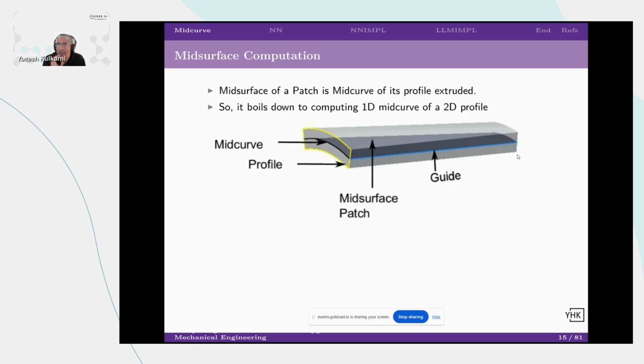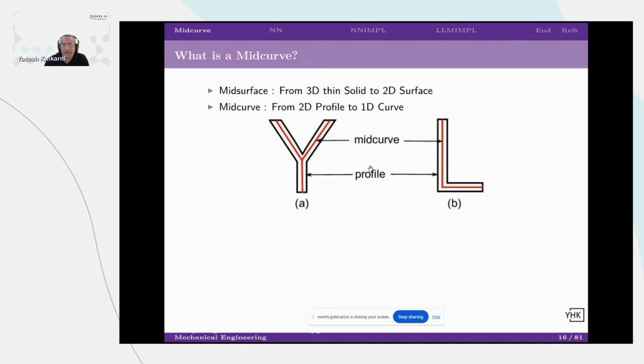Are you getting it? That's what the idea is. Now we are changing the problem, or diluting it a bit more. Now the problem remains: given the yellow profile, which is 2D, planar, how to compute a mid-curve? Isn't it? That's the problem now. And we are trying to solve this problem.